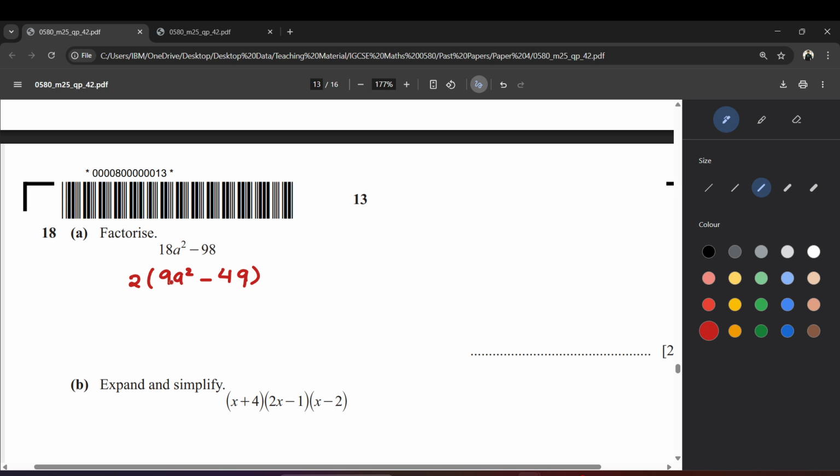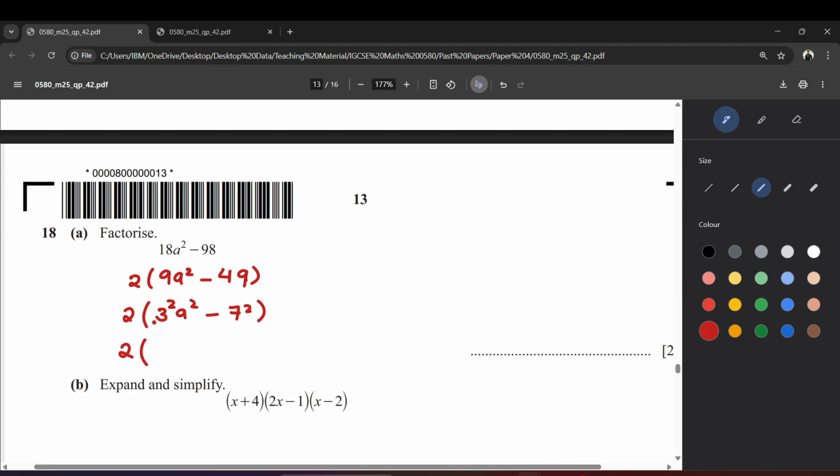Okay, now look, if you see closely, 9 is actually a square number and 49 is also a square number. So 9 can be written as 3 squared, and 49 can be written as 7 squared.